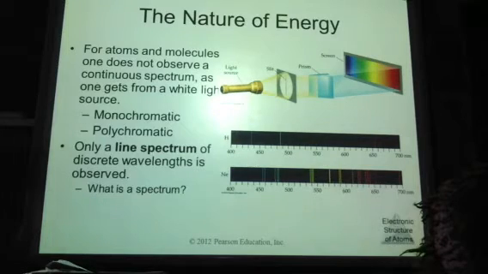A line spectrum is something we have seen that can show discrete wavelengths of particular elements. What is a spectrum? A spectrum is something that is produced when radiation from a light source is separated into component wavelengths.